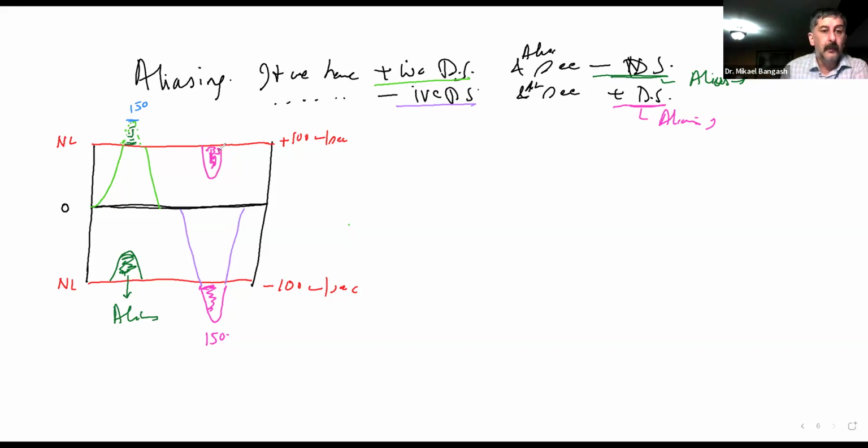It's made because our setting of the scale, or let's say of the Nyquist limit, was too low, which caused us to see these artifacts here, which was the aliasing.